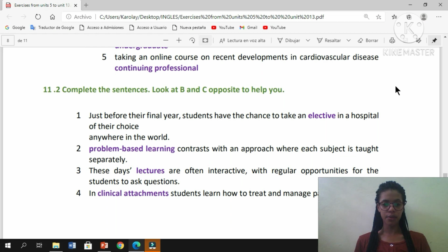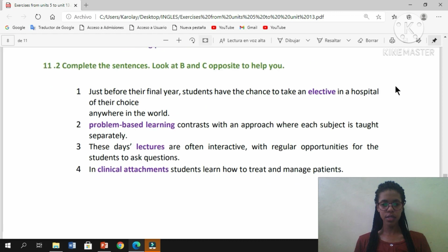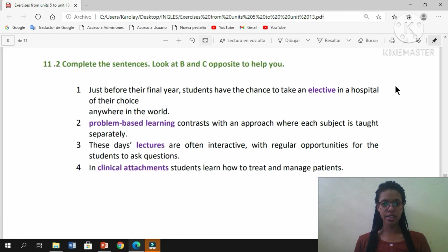Problem-based learning: students work with a problem in a specialty. The lectures are interactive, with regular opportunity for the students to ask questions.